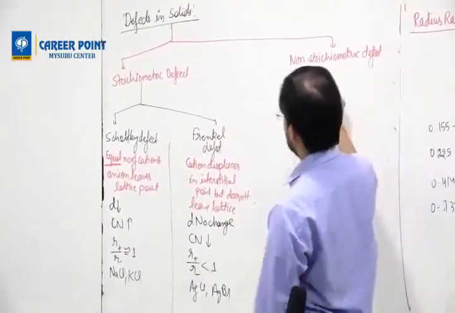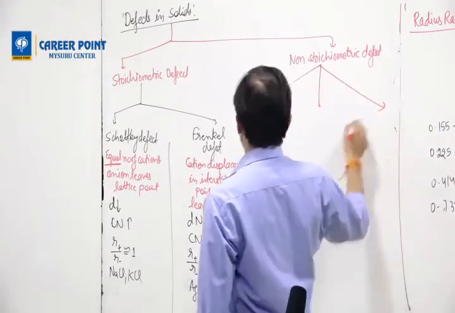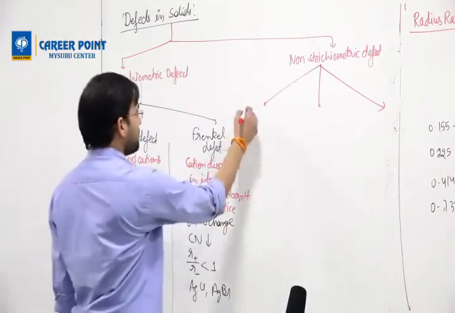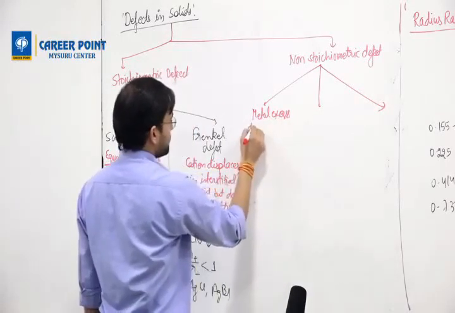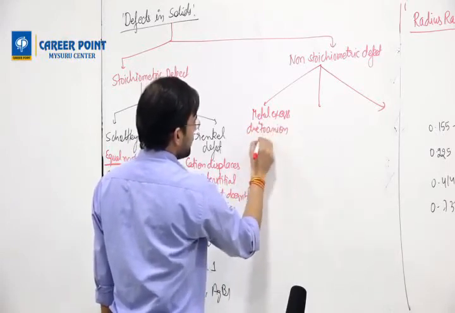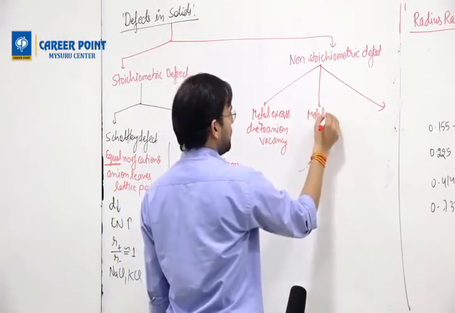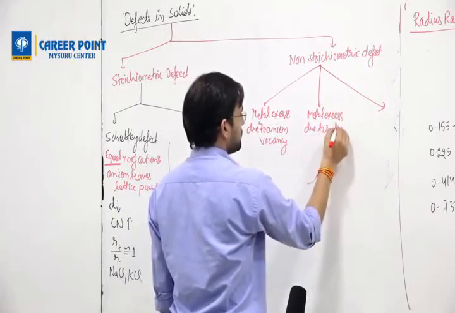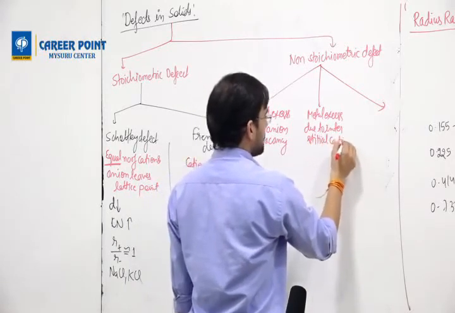And then this is of three types. First one is metal excess due to anion vacancy. This is metal excess due to interstitial cation.